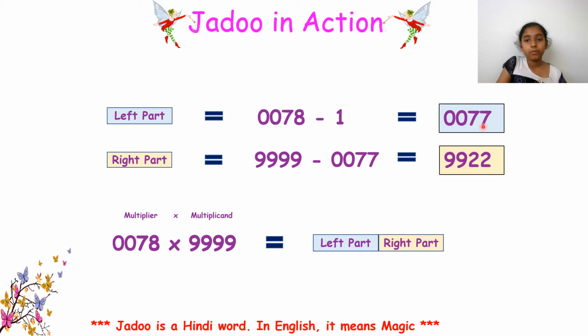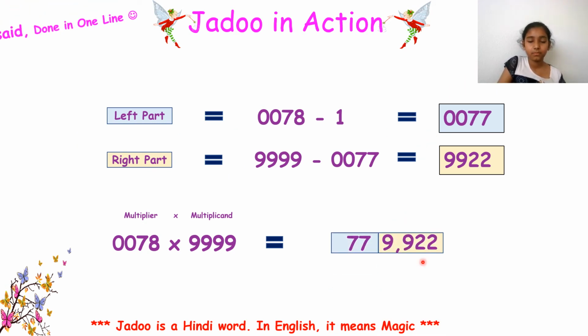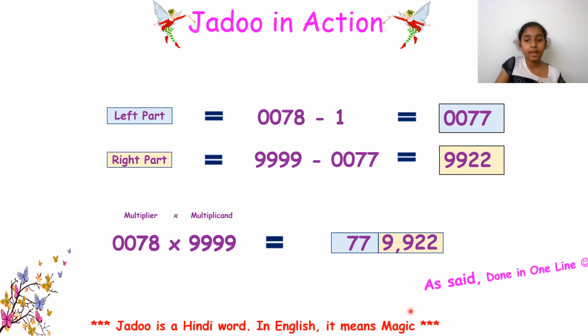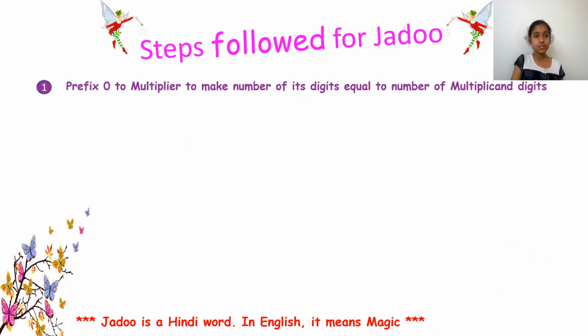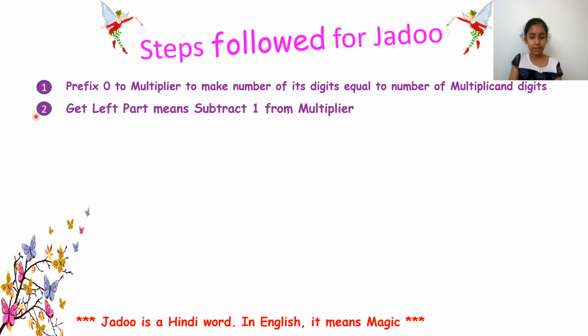Now when I'm going to write the answer, I will drop the 2 zeros and then just combine, like this. As said, done in one line. Here I mentioned the steps that we followed today.